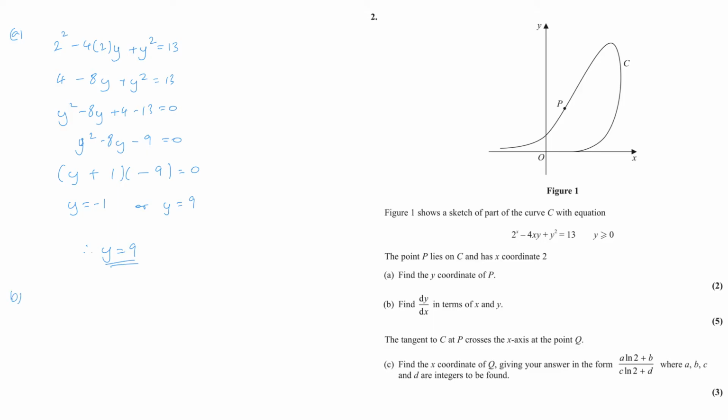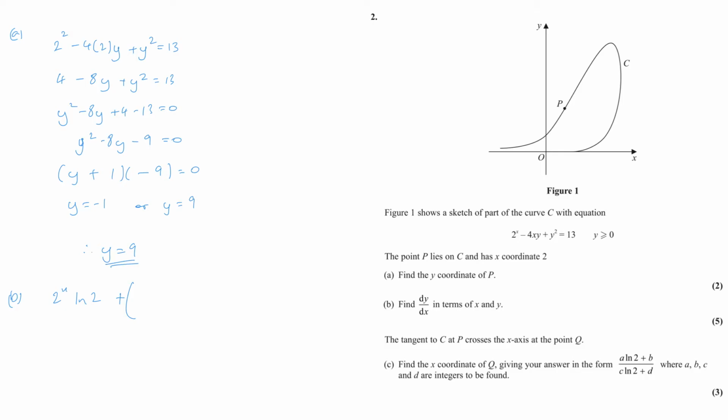Now part B is differentiate. So implicit differentiation here, you're going to differentiate each term. So 2 to the power x differentiates to 2 to the power x ln 2, minus 4xy. Now that's a product rule. So I'm just going to turn this into a plus, and put this in brackets.